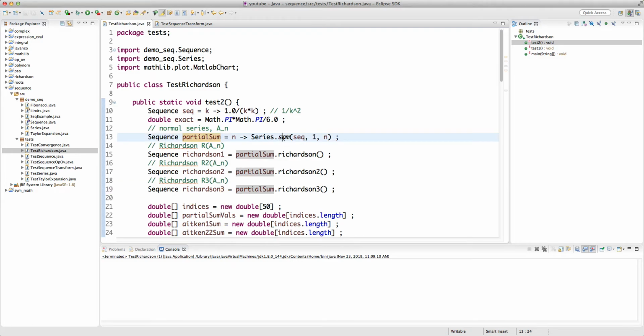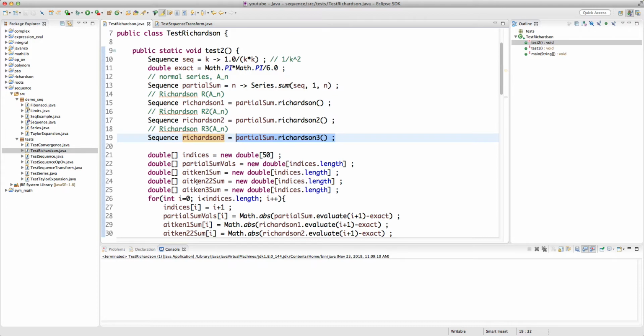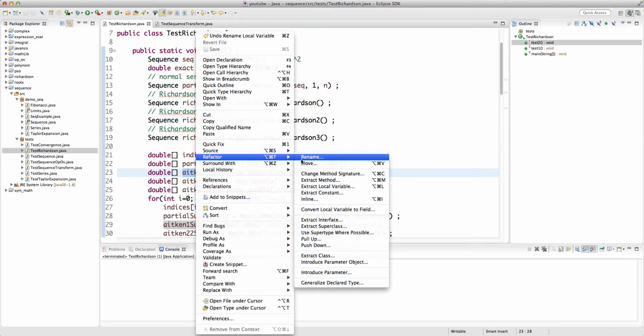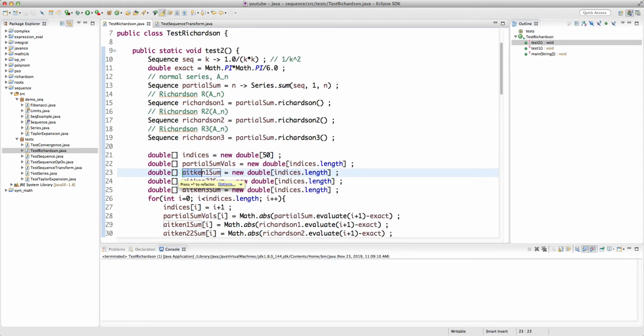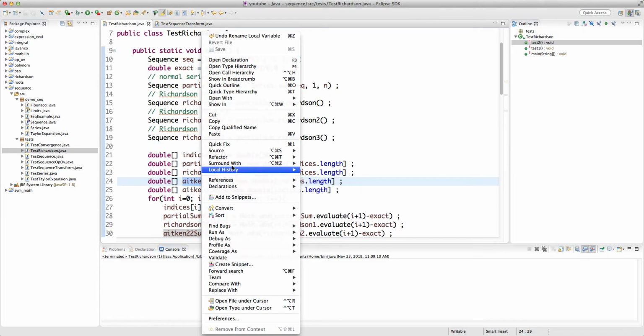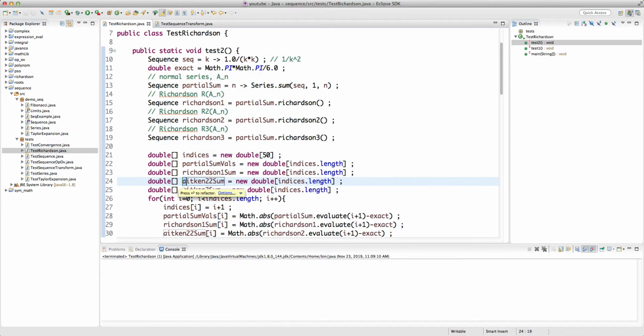So we have our partial sum, Richardson 1, which is a first order Richardson, Richardson 2, which is a second order Richardson, and Richardson 3, which is a third order Richardson. And let's rename these to Richardson 1 sum, Richardson 2 sum, and Richardson 3 sum.